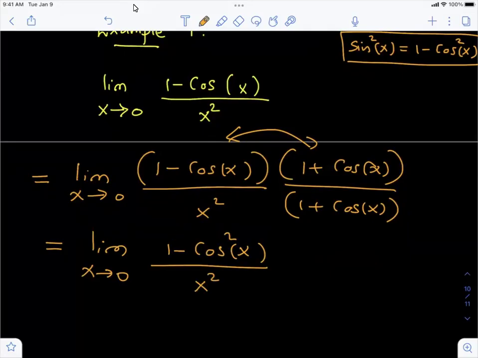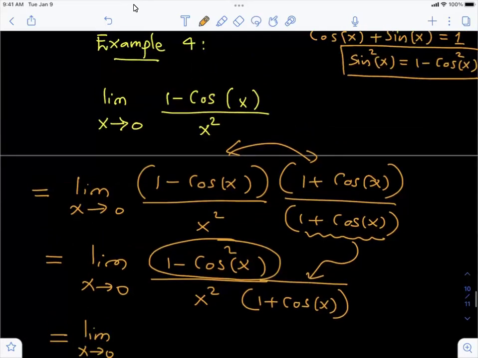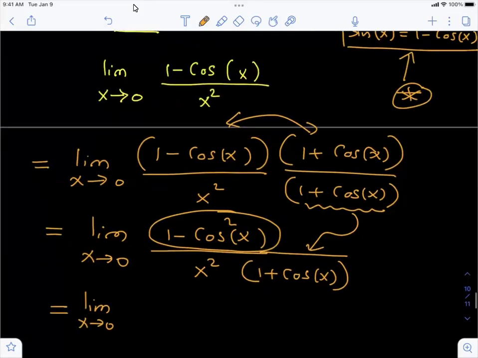Now, this is what you're going to end up getting. And don't neglect the innocent component of the denominator, which results from the conjugate simplification. Now, at this point, the numerator has sine square. That's exactly this identity, right? The Pythagorean identity. So we have sine square.